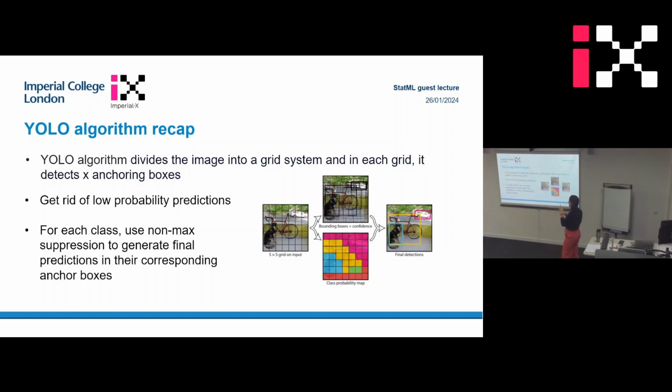And for each of these 2, you're going to have either 0 or 1 for whether you have the object or not. Then you're going to get rid of all of the boxes with low IOU and just keep the highest one. And then you're going to generate your final predictions in the corresponding anchor boxes. So in this particular example, you have, okay, my dog is here, my bike is here, the car is here.